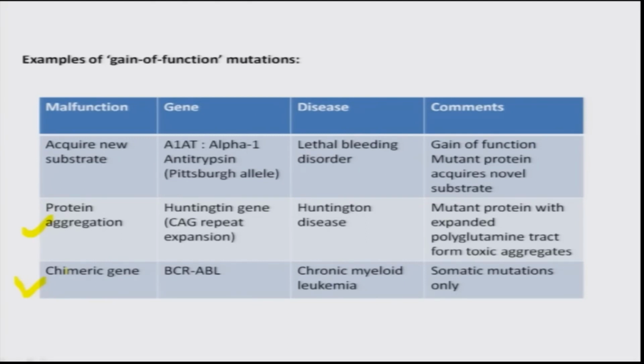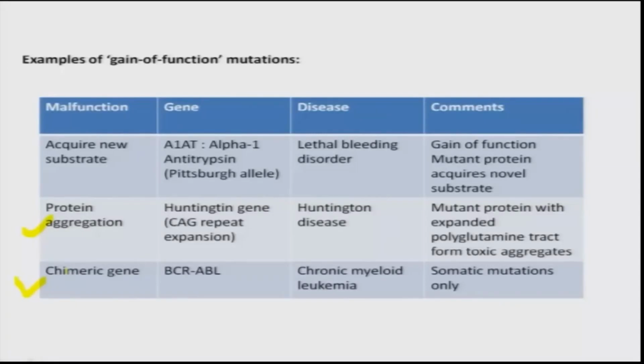This particular protein called A1AT, which is alpha 1 antitrypsin, is involved in a very severe disease called lethal bleeding disorder. If you have a particular mutation of this gene, that would result in a condition wherein the individual will bleed to death, right?